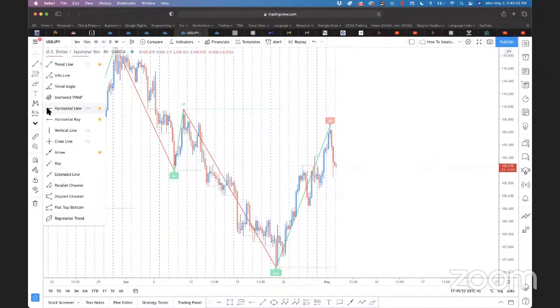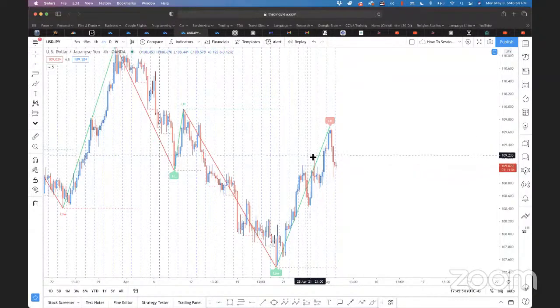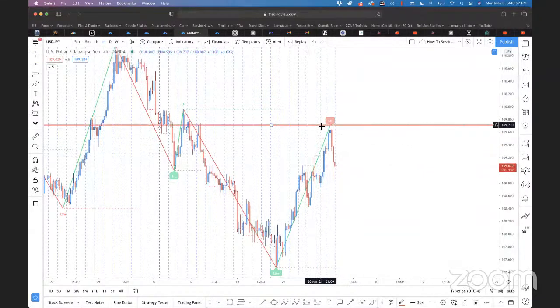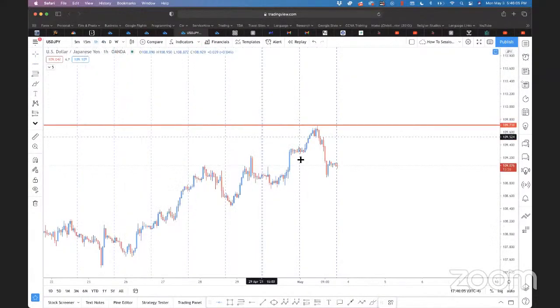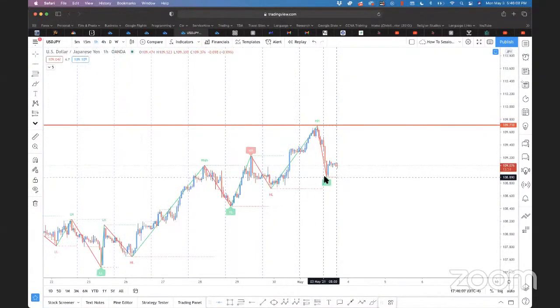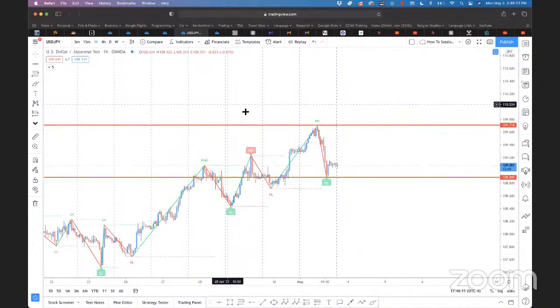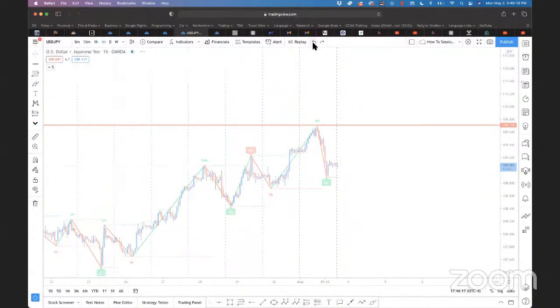Here's a little trick I'm just going to tell you. Once you see a high that's been made, drop to the lower time frame, and there's a low. You start with the higher time frame, then go to the lower time frame. Let me start over and show you what I just did.